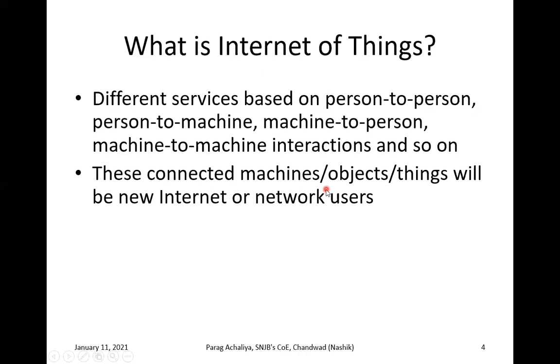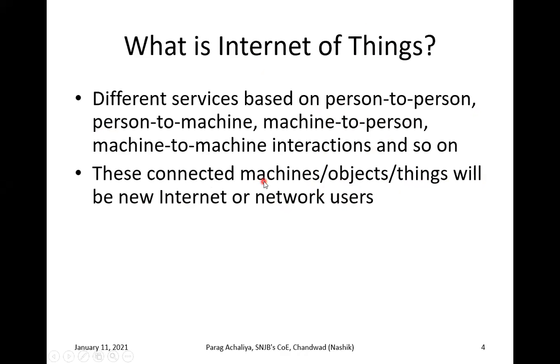These connected machines or objects or things will be the new internet or network users. There can be different words: you can say machine, object, or things. There are different nomenclatures or names for these things in the Internet of Things.